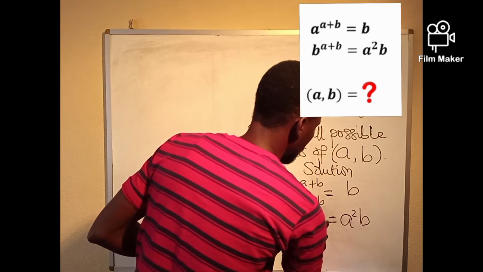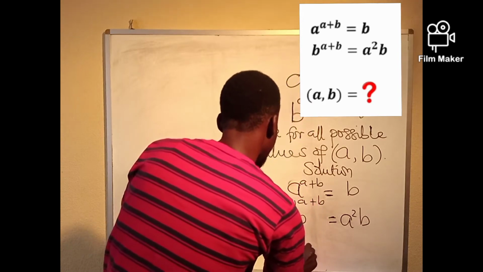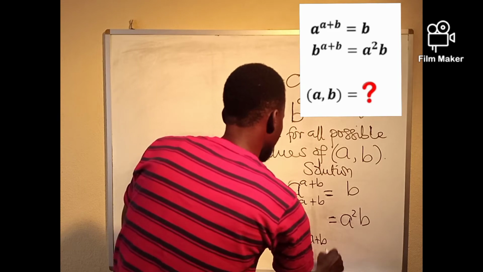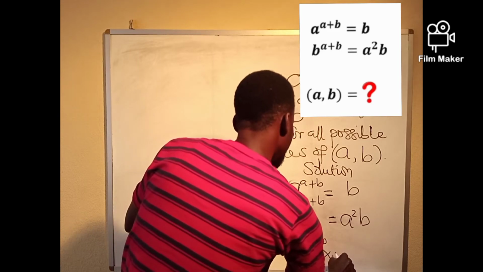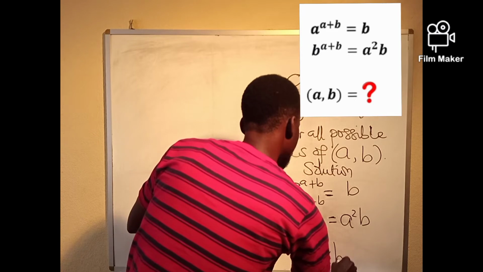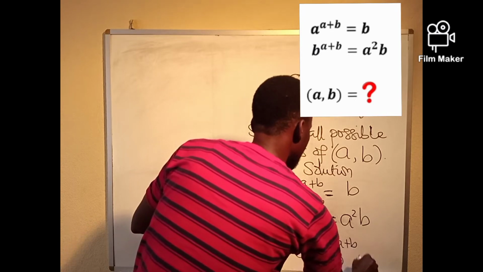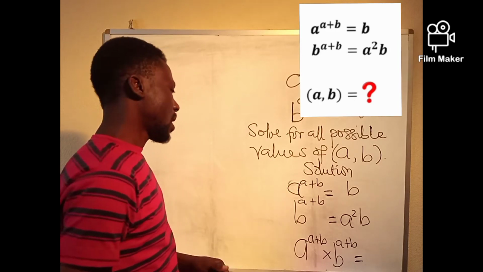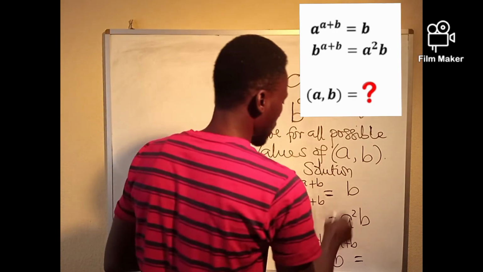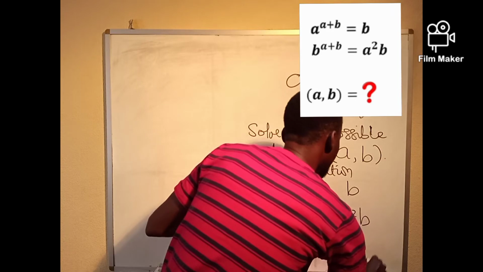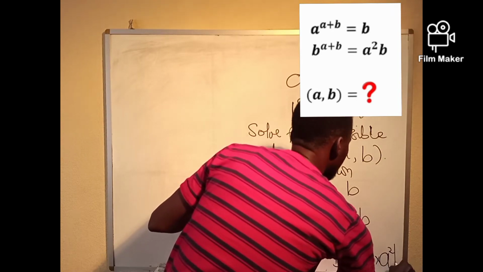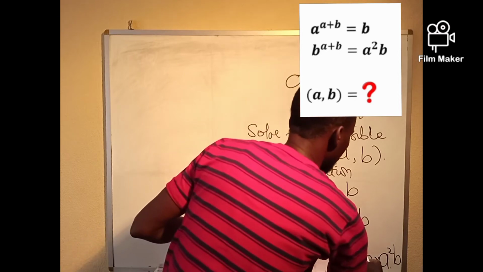So we shall have a raised to the power a plus b multiplying b raised to the power a plus b, is equal to, on the right hand side, b multiplying a squared times b.